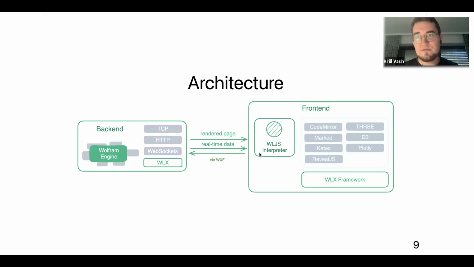So on the front end, we have a sort of tiny Wolfram language interpreter. It's capable of doing some simple mathematics, sine, cosine. In case, for example, you make a plot where you don't have pure numerical values, but something like a polygon of sine, cosine, whatever, it's capable of interpreting them and converting them to JavaScript objects.